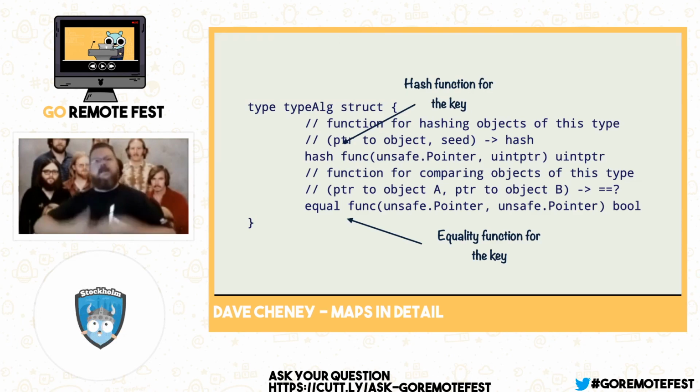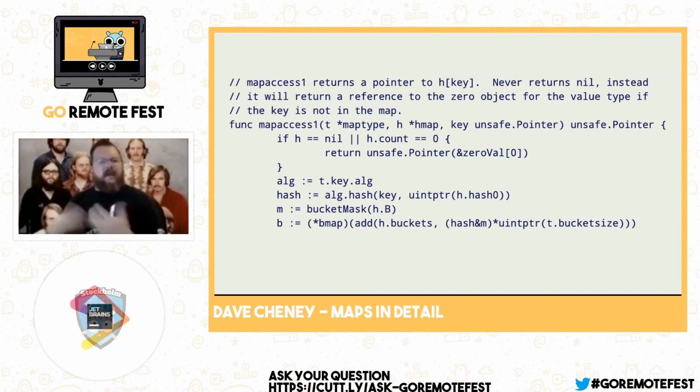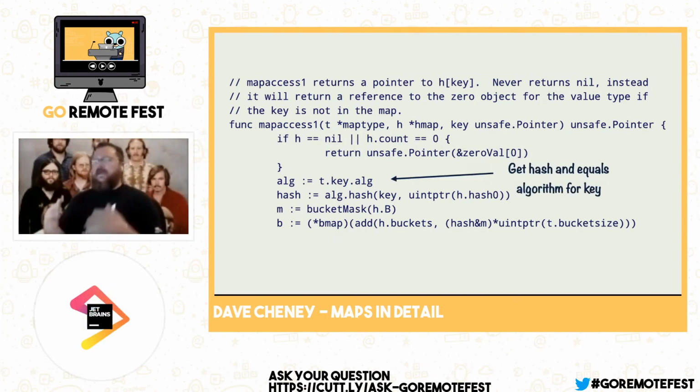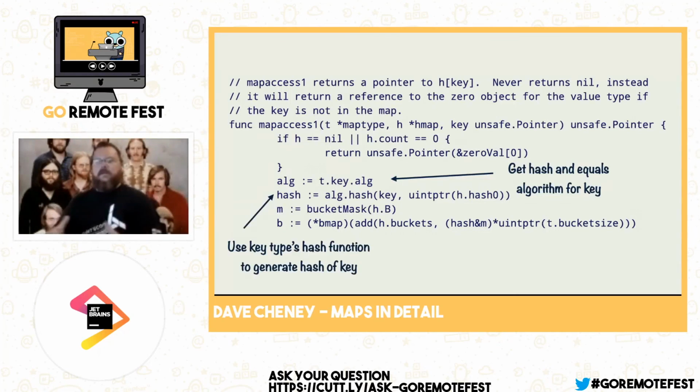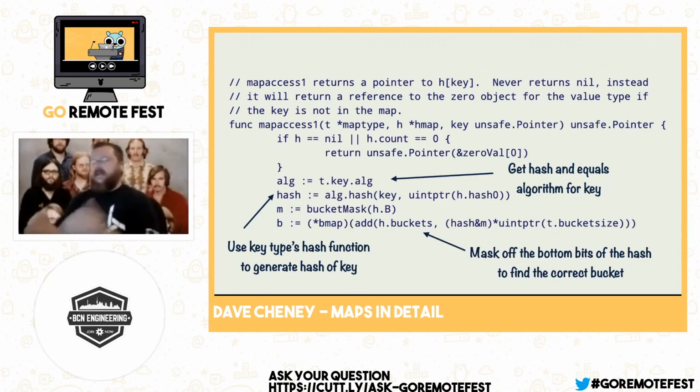There's going to be one of these for each type used in all the different maps in your Go program. Now we can see how this is all going to work. We have map access. We get the algorithm for the key, and we use the algorithm's hash function to hash the key. We mask off the bottom bits and look in the particular bucket to find the correct bucket.